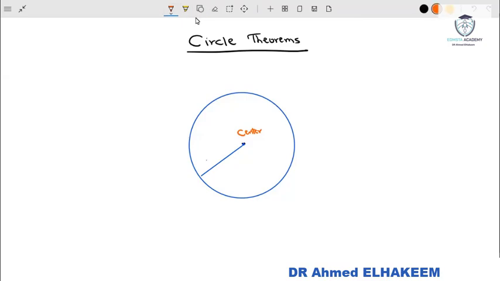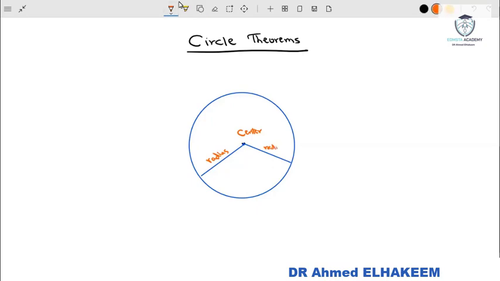This is called a radius. And if I draw another line connecting from this center till this circumference, it is called what? It will be called a radius as well.